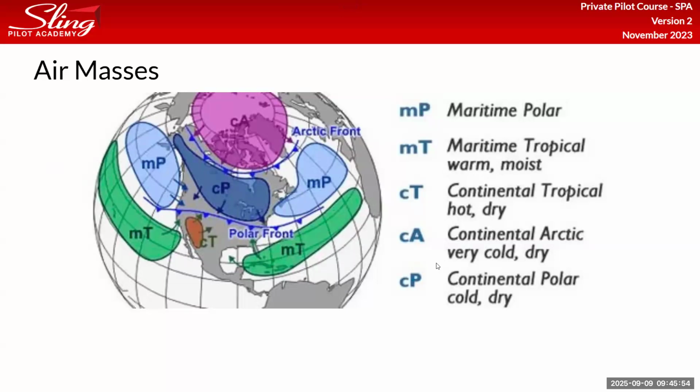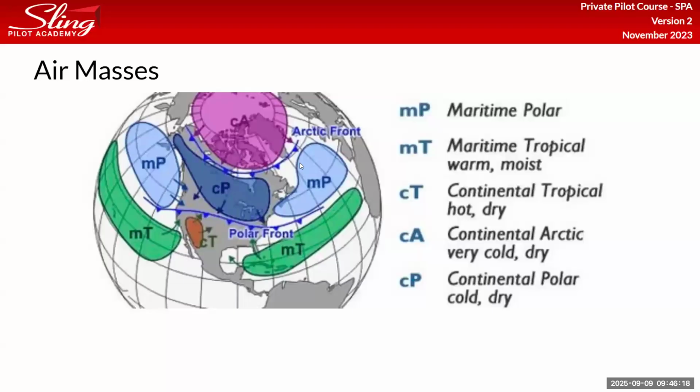You don't have to memorize all these, it's just giving you an idea of areas, regions, that air masses take on the characteristics of that region before they keep moving. We'll talk about fronts, I think today, but the way these air masses move is through fronts like this.